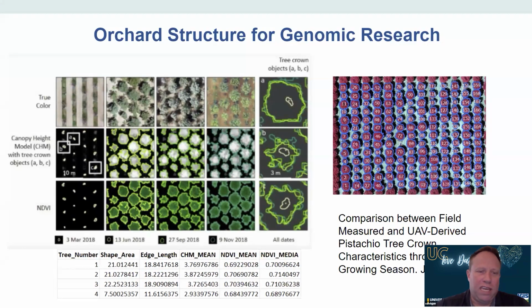The object of the initial 8 flights on one orchard was to assess the differences in trees relative to their genetics, and to see if those different trees throughout the season exhibited different characteristics associated with fruit production, or nut production in this case.